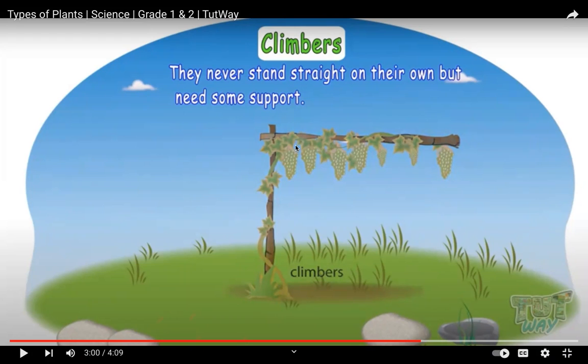Okay, now you tell me, Debangshu, what is a climber? Ma'am, climber does not stand straight on its own, but needs some support. Very good. Because they have very weak stems. Can you give me an example of climber, beta?